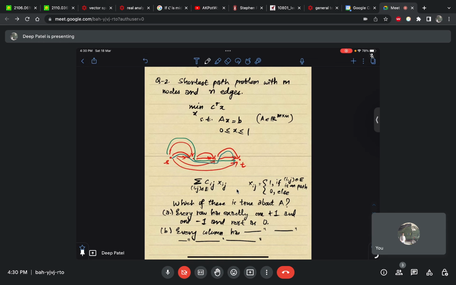So that means that edge is coming out from one node and going inside another node, right? So that means one will have a plus one and one will have a minus one, corresponding to these two cases.